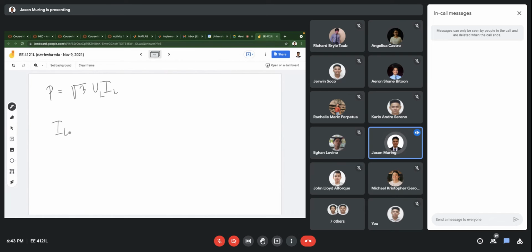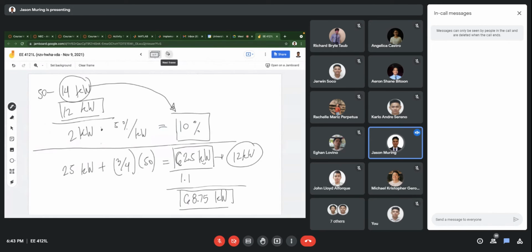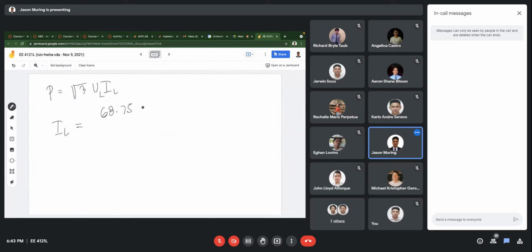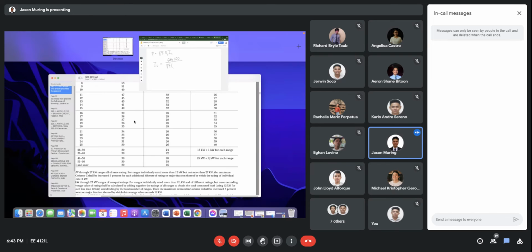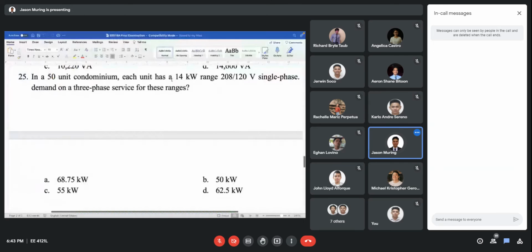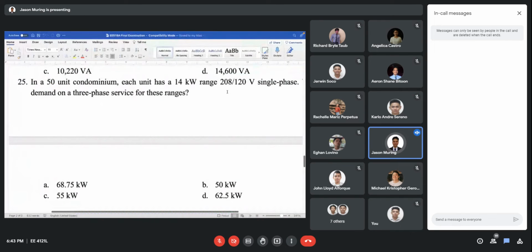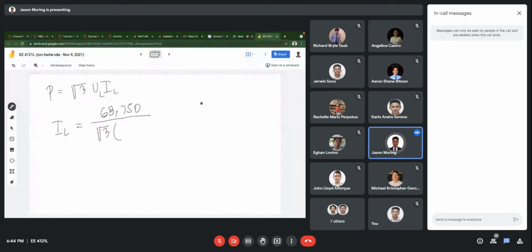So if we're looking for the line current, we have to divide 68.75 kilowatt, so 68,750, by 1,000 square root of 3 times the line-to-line voltage. What is the line-to-line voltage for this system? We have 208 on 120, so probably this is a Y-connected circuit because of 208 and 120. So probably we have this kind of connection.